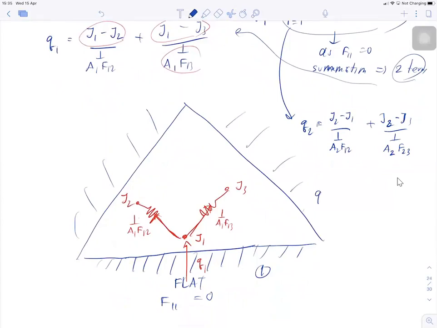Okay. And also you can say Q3 equal to J3 minus J1 over 1 over A3 F31 plus J3 minus J2 over 1 over A3 F32. Okay. Providing that F22 equals 0, F33 equals 0.